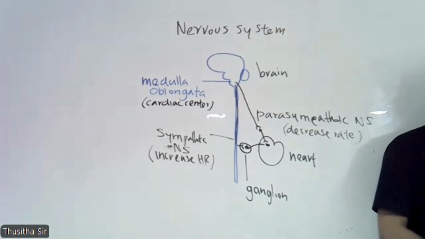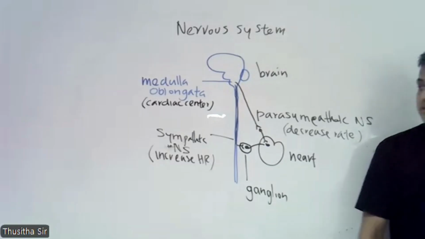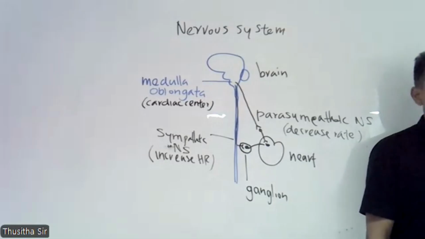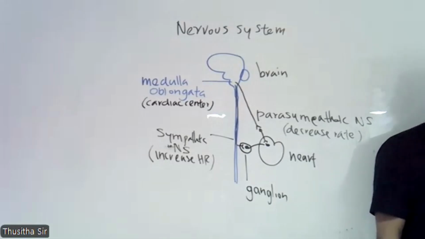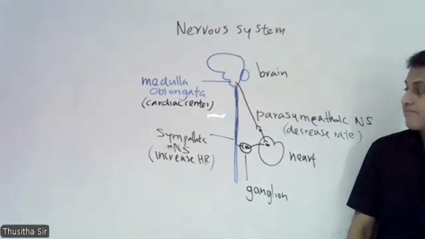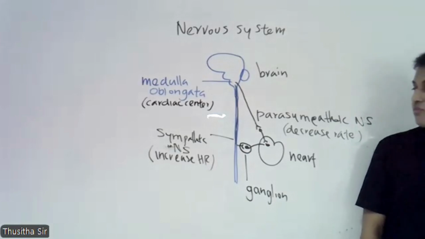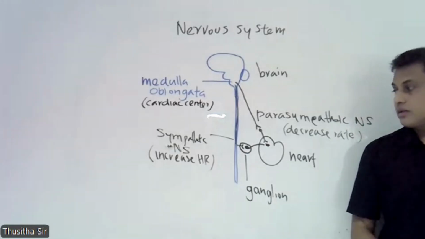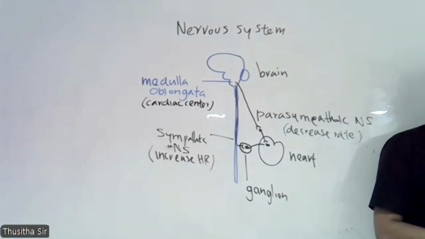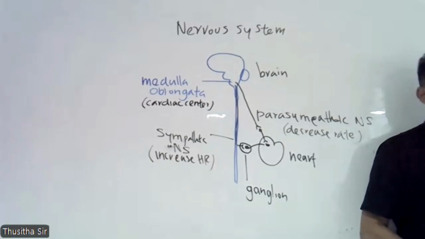Sympathetic nerves increase the heart rate, parasympathetic nerve decreases the heart rate.